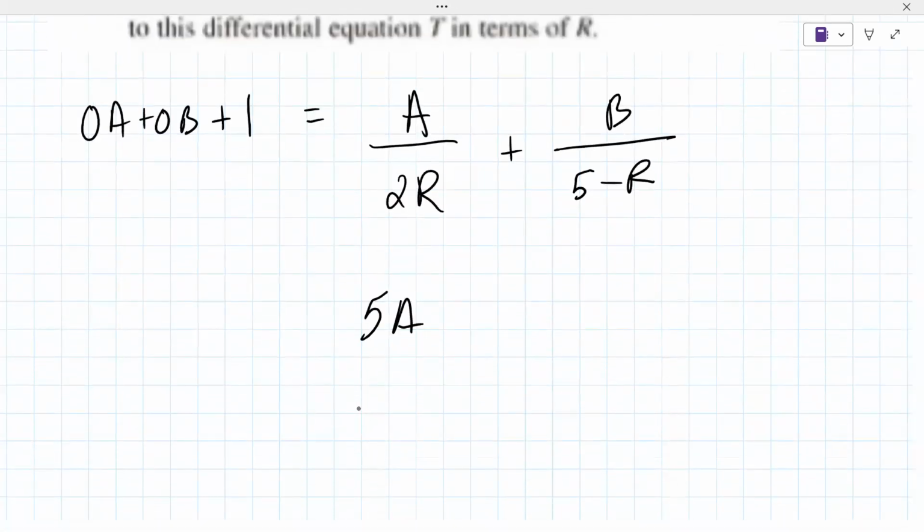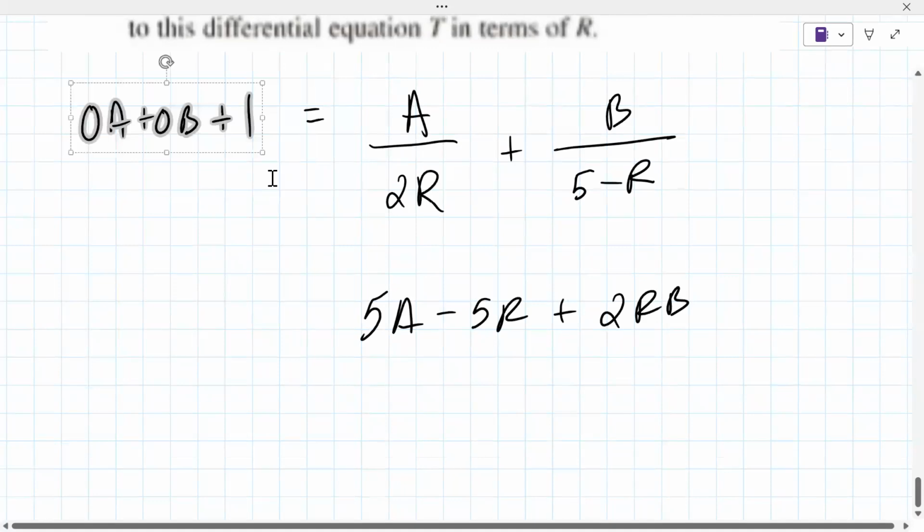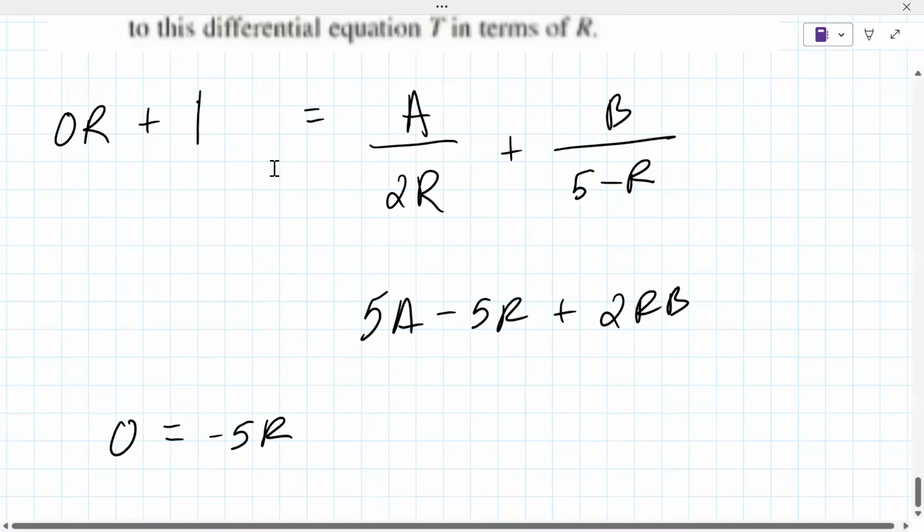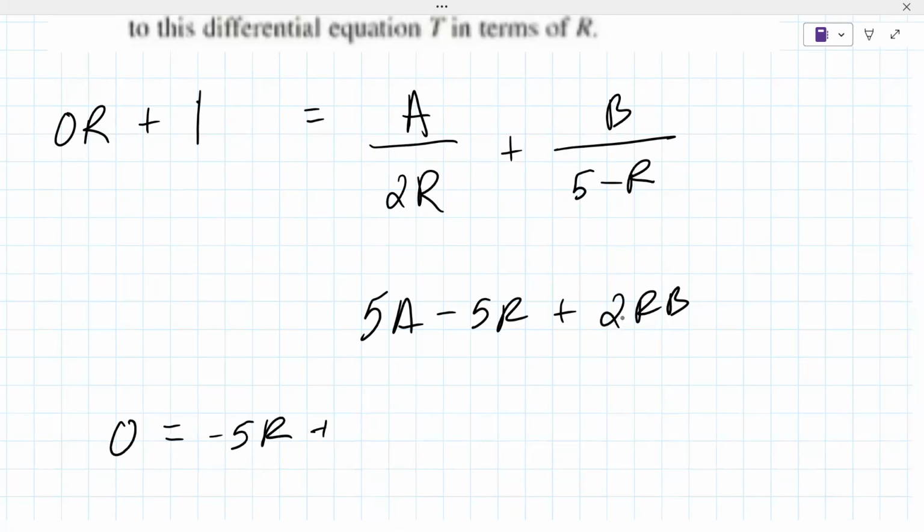So you get 5a minus 5r plus 2rb, and you've got, sorry, I'm very tired, this is wrong. This is 1, and it's 0r plus 1. So 0 equals minus 5r. No, that's not right, plus 2rb.